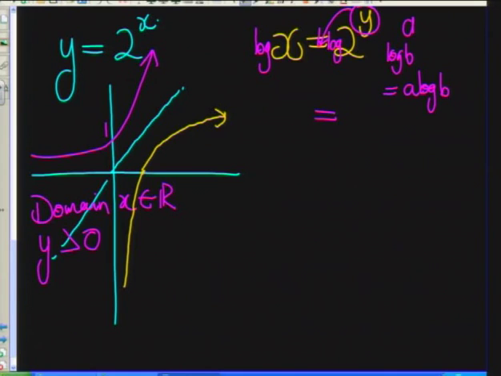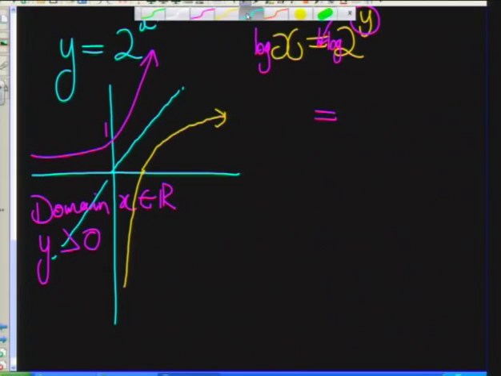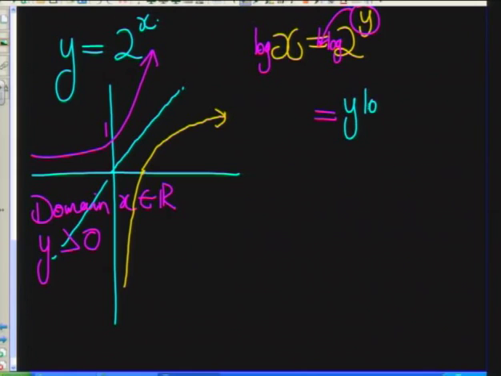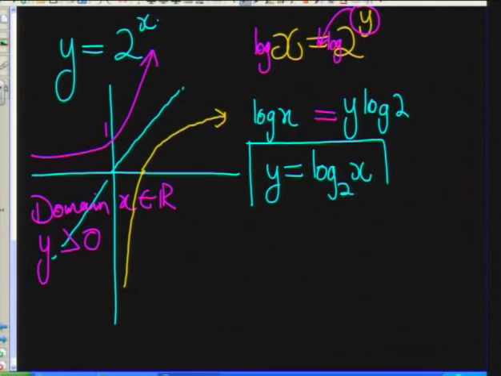So what I'm going to have here is y log 2 is equal to log x, and then dividing both sides by log 2, I get y is log to the base 2 of x. Now, if we have a look here, it's actually very easy.